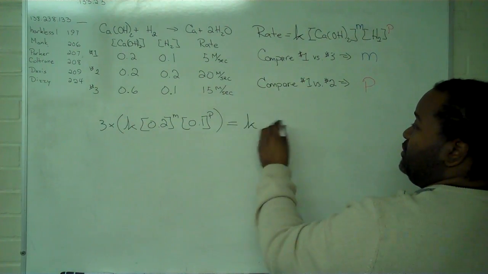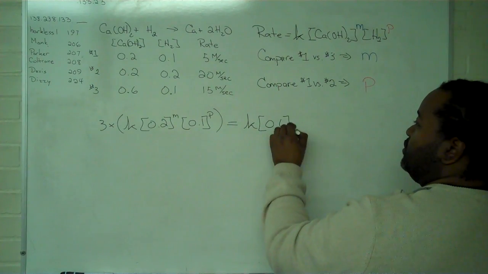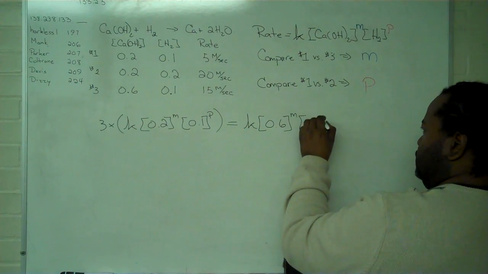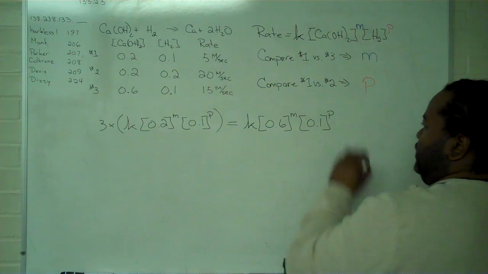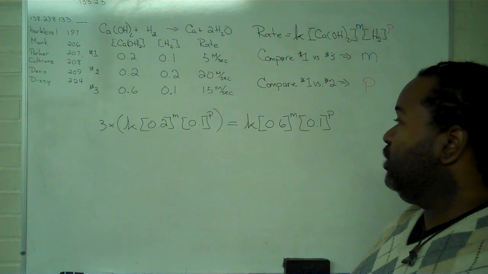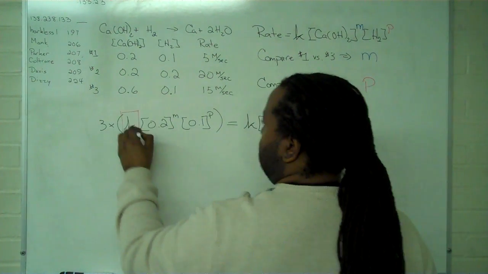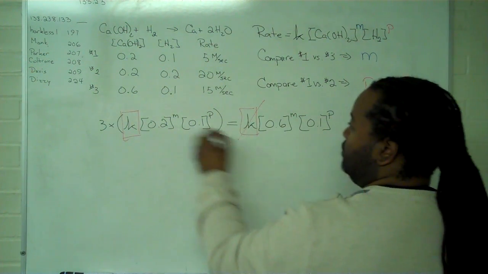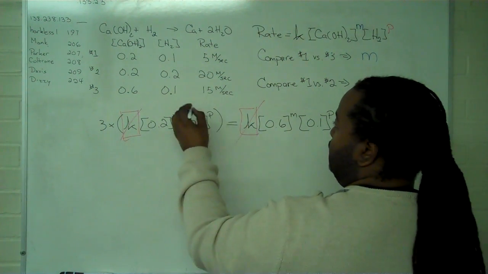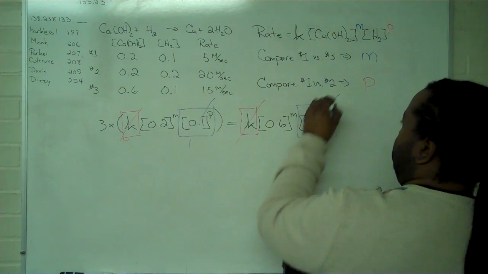The rate for the third one is still that same constant, but now I have 0.6 raised to the m for my calcium hydroxide, and I still have 0.1 raised to the p. And so now it's straightforward to observe what things are going to cancel here. I have the rate constant and the rate constant, so those will cancel. The other thing I have is 0.1 raised to the p to cancel with this 0.1 raised to the p.